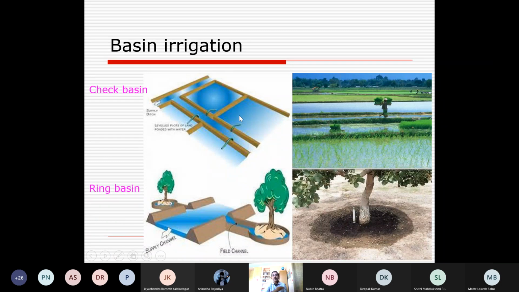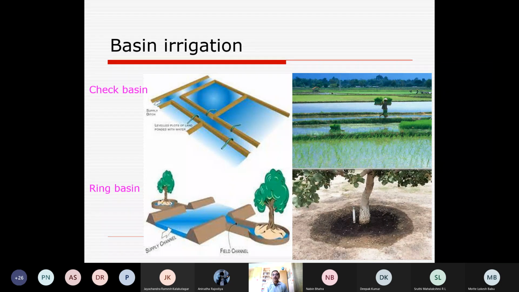So border is a long strip. In a basin, the same border is divided into a number of square or rectangular parts, fields. Why? To get more efficiency. Earlier it was lesser efficiency. It was very long, maybe 100 meters and more, up to 800 meters.